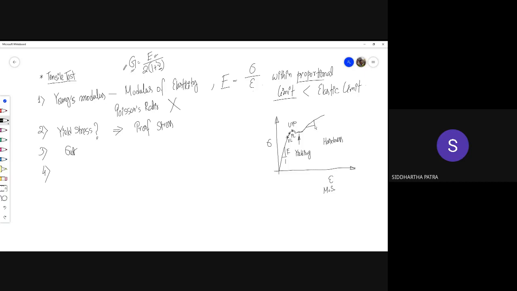In this part, the tangent is called the tangent modulus. This time it's not a ratio, it's a differential quantity because it is changing instantaneously. So this is called the instantaneous tangent modulus, or the tangent modulus.